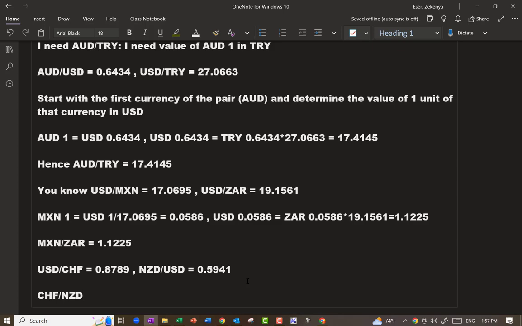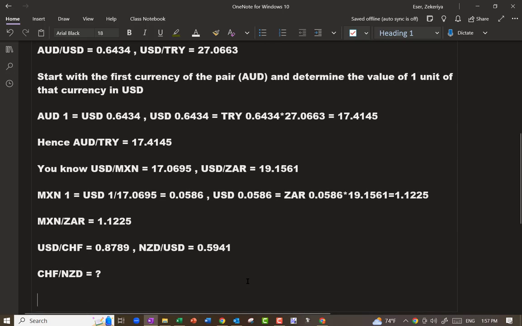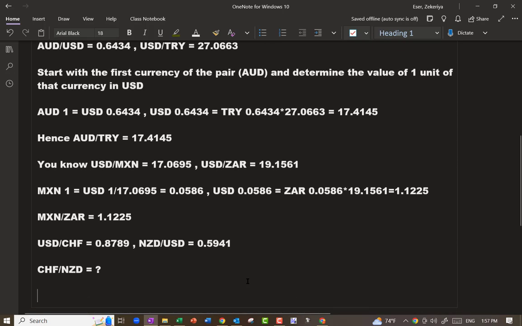Same deal. Start with 1 Swiss franc is equal to how many US dollars? Is that direct convention or indirect convention? Remember, indirect means the value of $1 in terms of the currency.